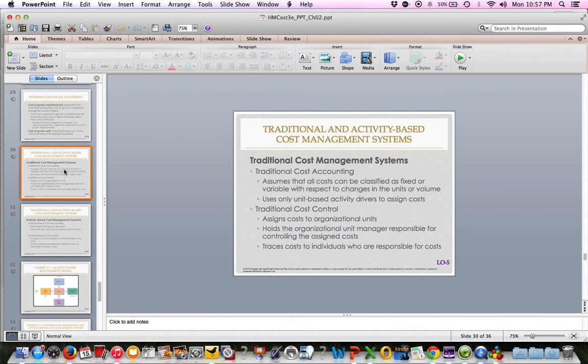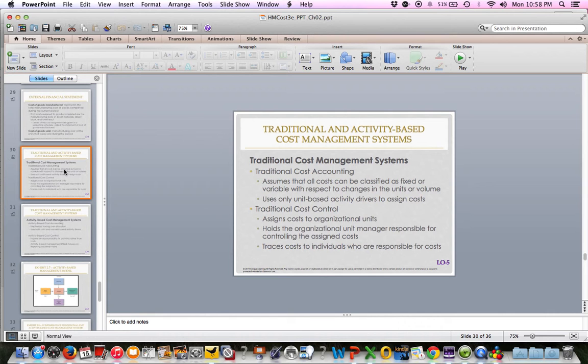A variable cost is only incurred in direct proportion to goods manufactured. A fixed cost would be something like insurance. If we have insurance on our factory, most likely that's going to be the same insurance cost if we make one product or a million products. A mortgage is another example. It's a cost that never changes no matter what the level of output is.